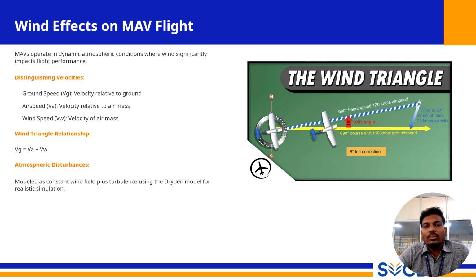These atmospheric disturbances are modeled as a constant wind field plus turbulence using the Dryden model for realistic simulation. This allows us to test our navigation and control algorithms in a virtual environment that includes not only steady wind but also the random gusts and turbulence that the MAV will encounter in the real world.